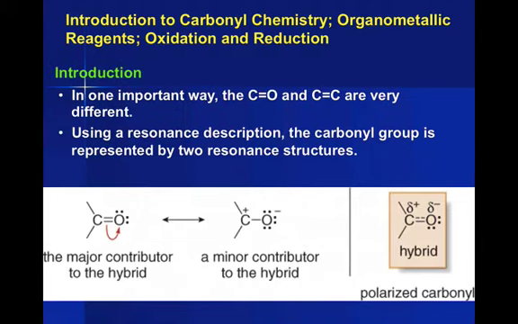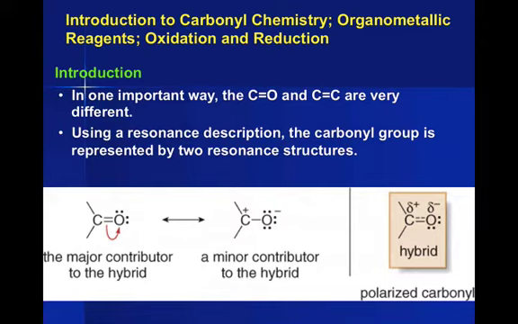Okay. If you think about a carbonyl and an alkene, your first instinct is to go, those are very similar, right? Because an alkene has a sigma bond and a pi bond, just like a carbonyl has a sigma bond and a pi bond. But there's an important difference between the two, and that has to do with the fact that the bond is polarized. An alkene really isn't a polar bond, right? The 2 carbons are identical for the most part.